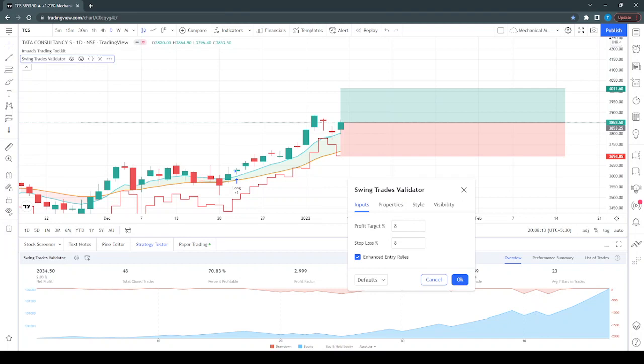Will I get a higher probability of winning the trade? Actually it's lesser, right? It's become 70% instead of 71%, and fewer trades were taken on this basis. So let's say if I take 5%, I'm getting a 72% probability.